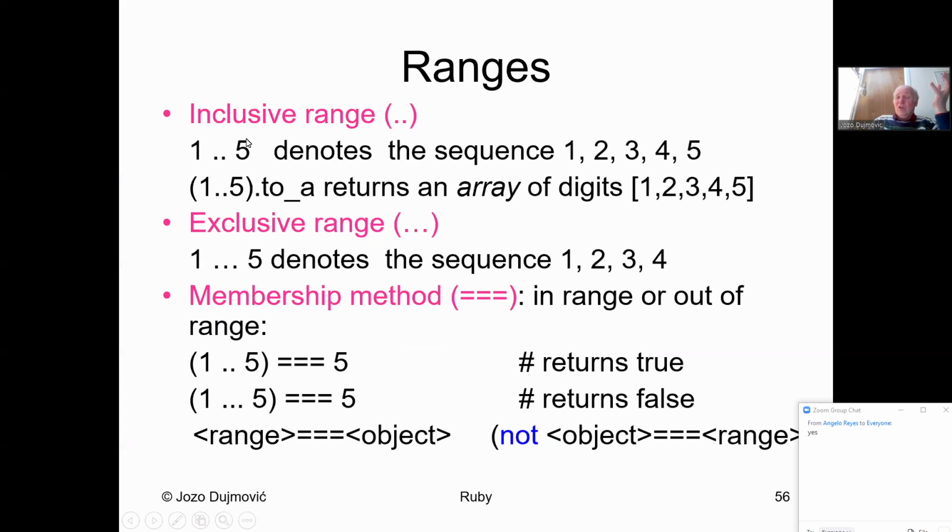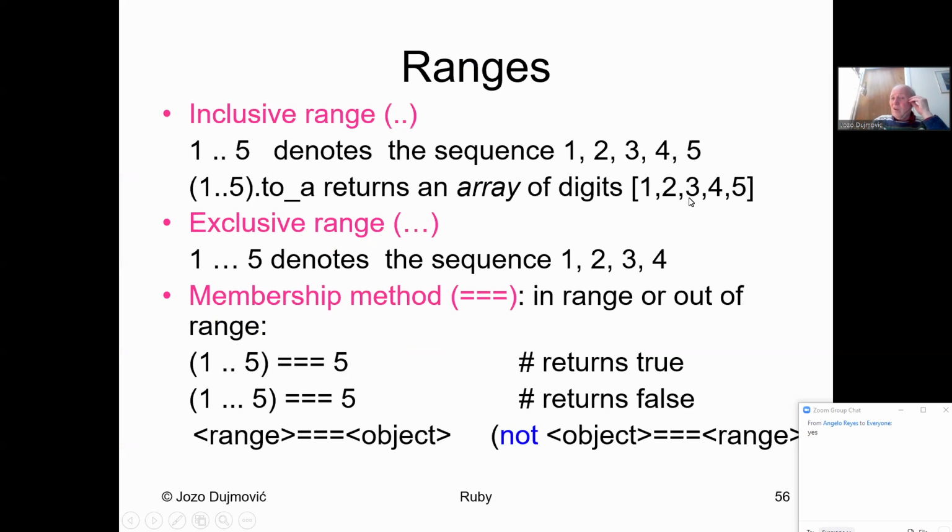This is an object that is a range. So this object can be converted to an array. So 1 through 5 converted to array, to_a, means convert this object to an array. And you get an array of digits 1, 2, 3, 4, 5.